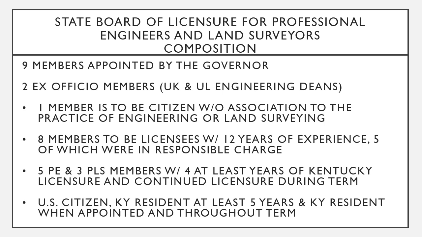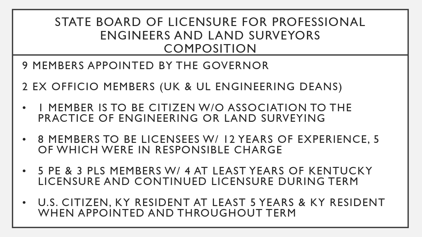2 members of the board are ex officio members with automatic appointment, being the deans of the University of Kentucky and University of Louisville engineering schools. Of the 9 remaining members, 1 must be a citizen at large with no association to the practice of engineering or land surveying.